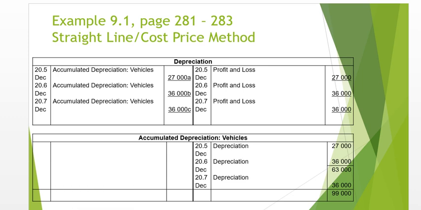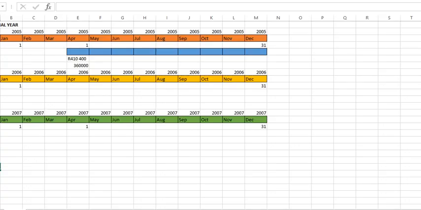So now what we need to do is depreciate for the 2006 financial year. And if you go to our timeline, during 2006, we held this vehicle from the 1st of January 2006 up until the 31st of December 2006. So we're going to depreciate this vehicle for the full 12 out of 12 months.